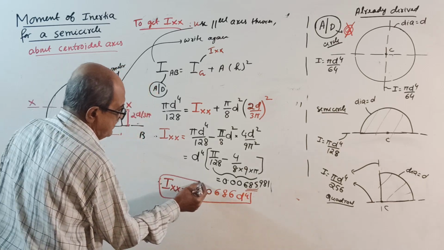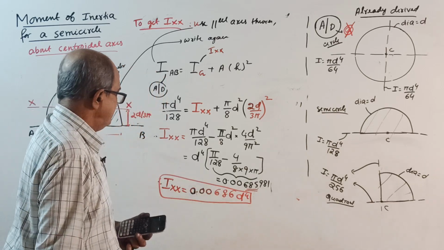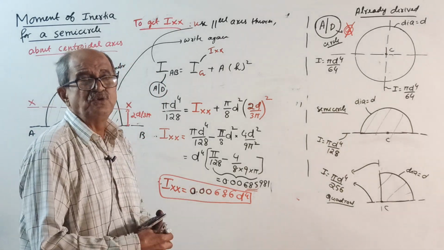This is I about xx, 0.00686 d power 4. This is what people will use.